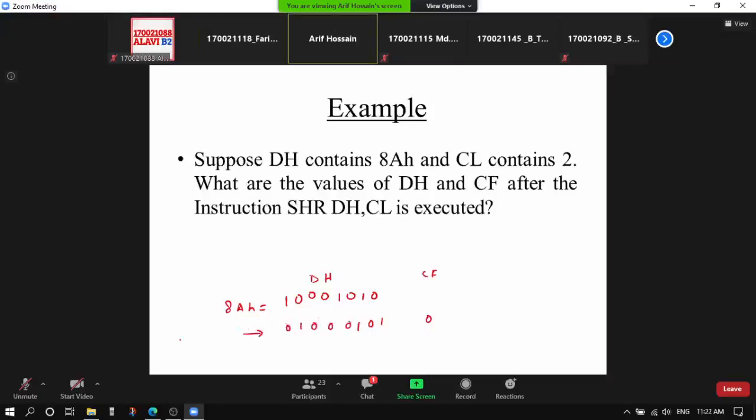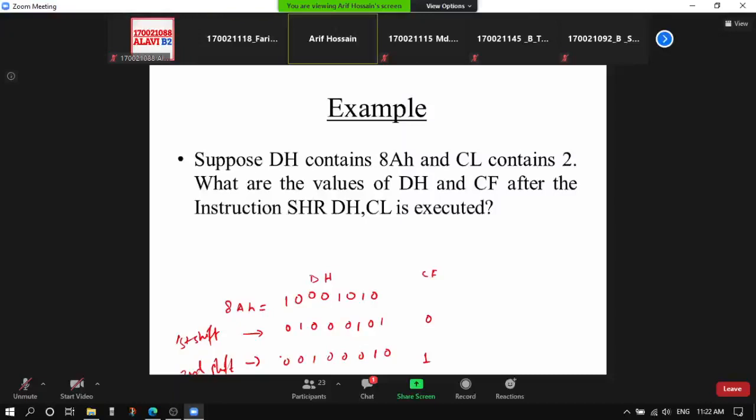So this is what you get after the first shift. There will be a total of 2 shifts. So after the second shift, what will be the value of carry flag? 1. And what will be this value? 0010 0010.